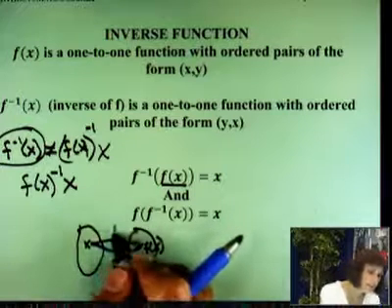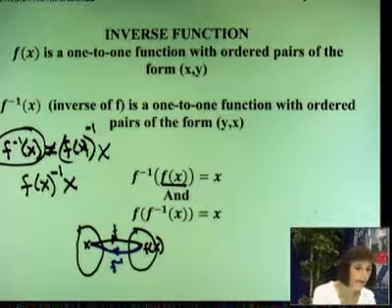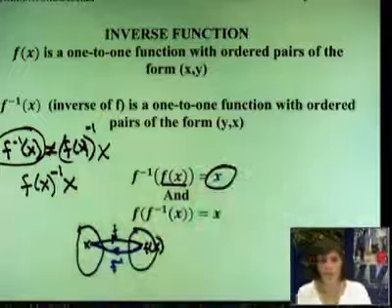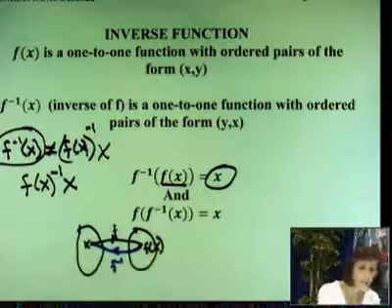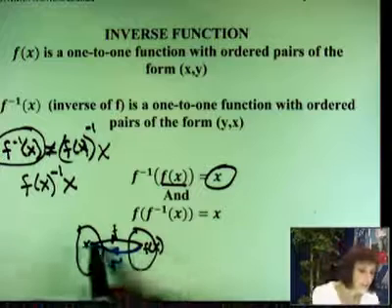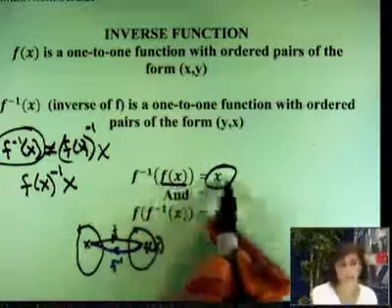This one is f going away. This one is f inverse coming back. And guess where it ends up? At x. So if it was not one-to-one, remember you could not do that. You would go someplace and then maybe end up at a different place, right? That's why you want to have a one-to-one function. Okay? So you go away, and then you come back to where you are. f inverse of f of x is x.